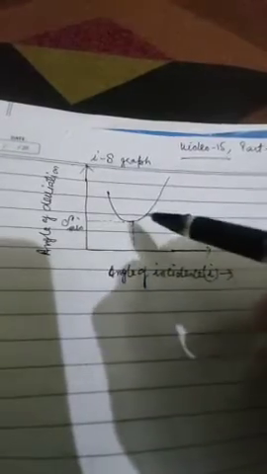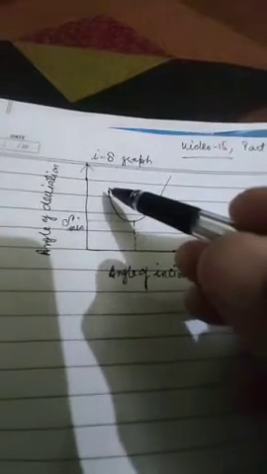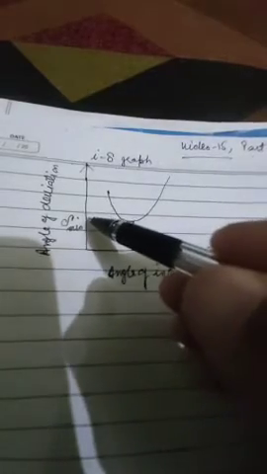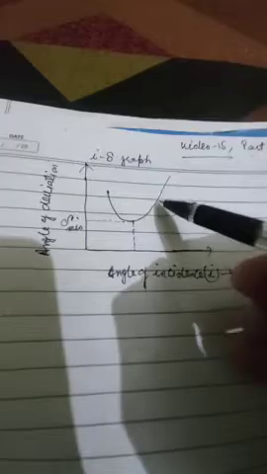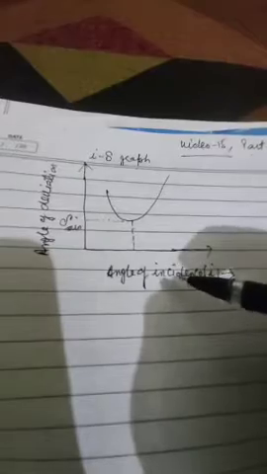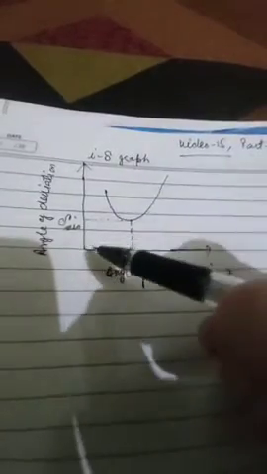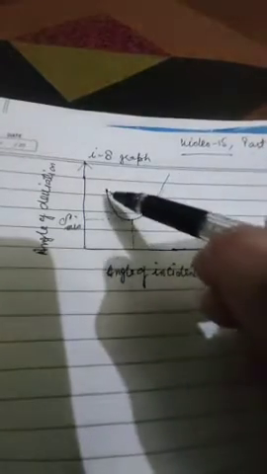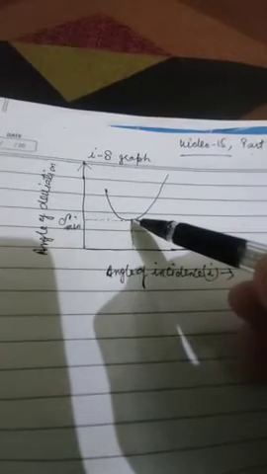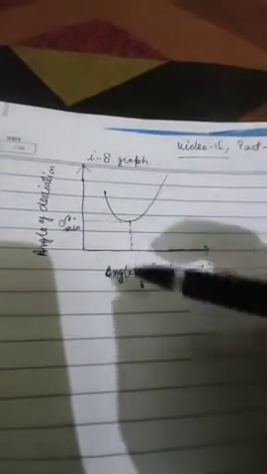As you increase the angle of incidence, the angle of deviation first decreases, reaches its minimum position, and then increases with increase in the angle of incidence.